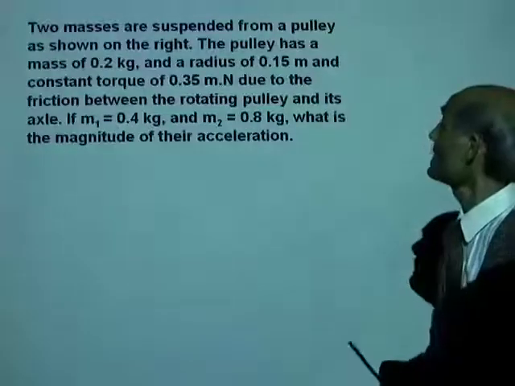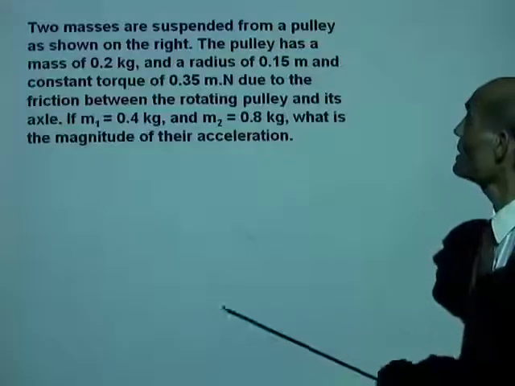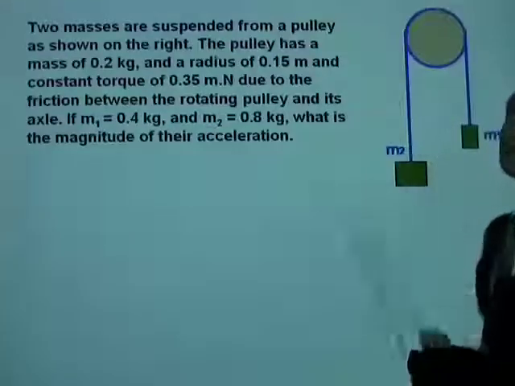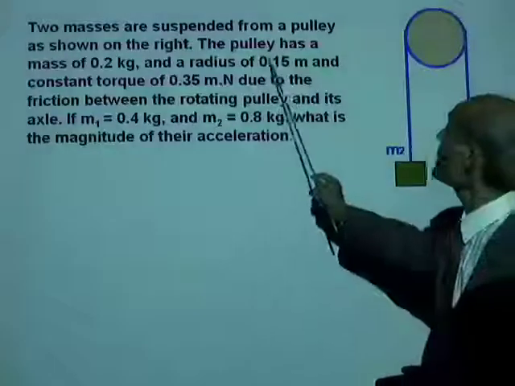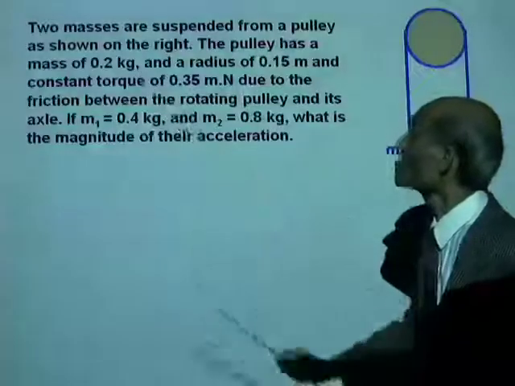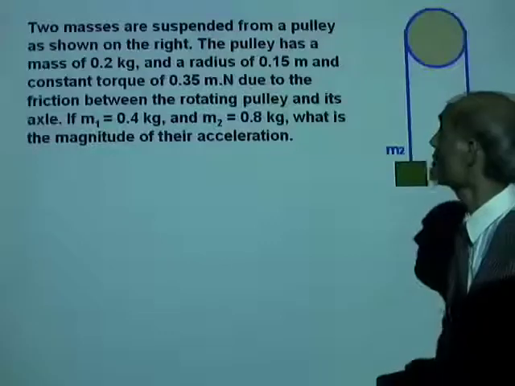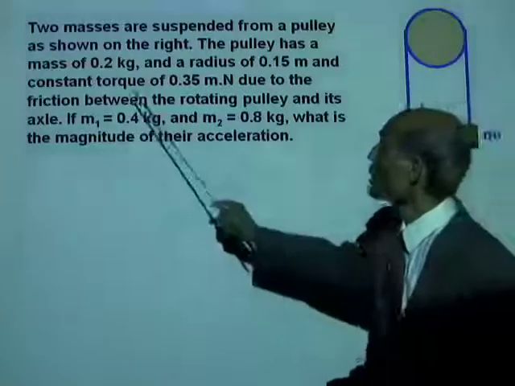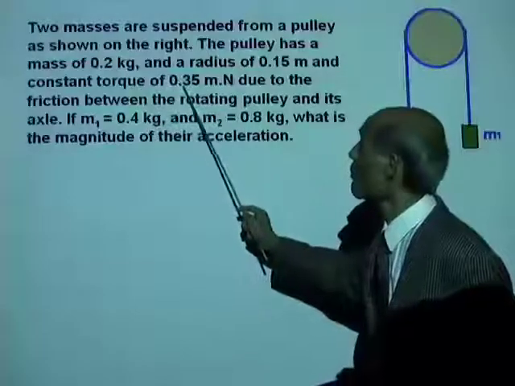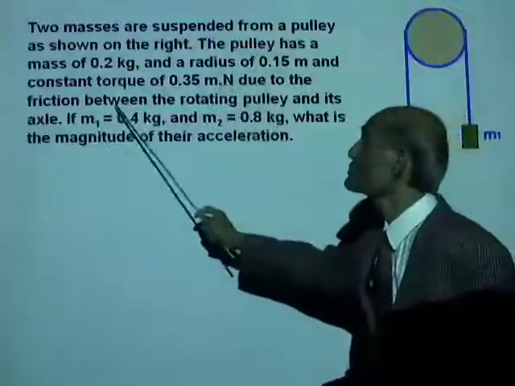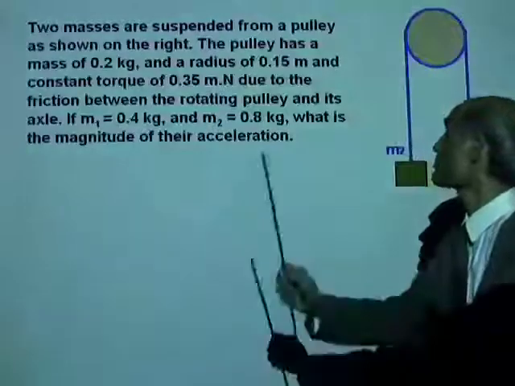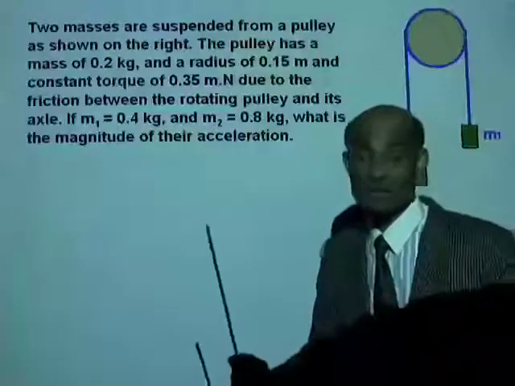Two masses are suspended from a pulley as shown on the right. The pulley has a mass of 0.2 kilogram and a radius of 0.15 meter, and a constant torque of 0.35 Newton meter due to friction between the rotating pulley and the axle.